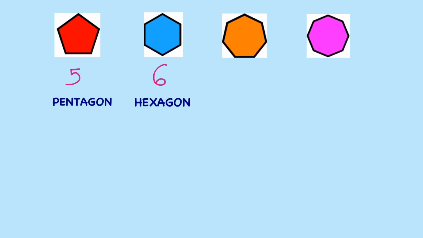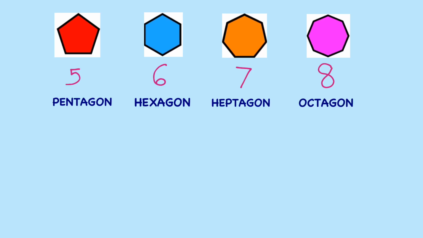The orange shape has 1, 2, 3, 4, 5, 6, 7. It has 7 sides and we call that a heptagon. And the pink shape, let's count those sides. 1, 2, 3, 4, 5, 6, 7, 8. And this has 8 sides and we call that an octagon.